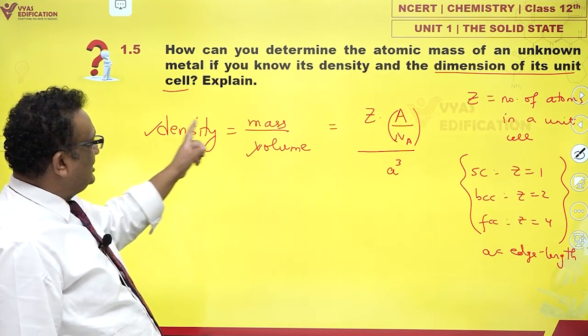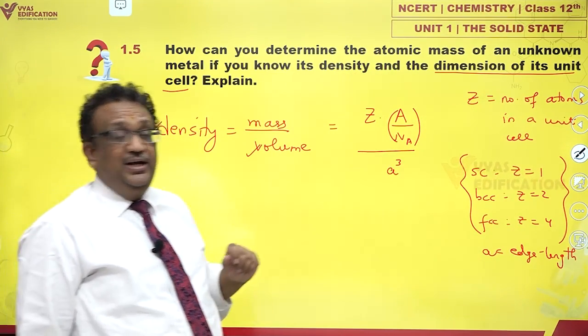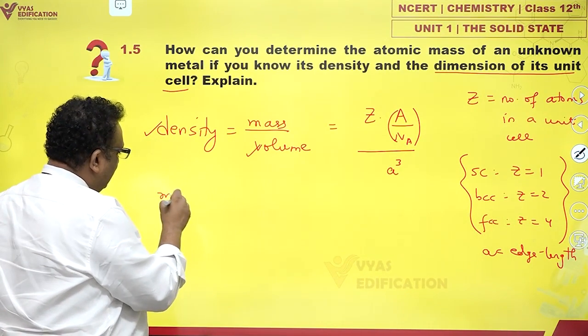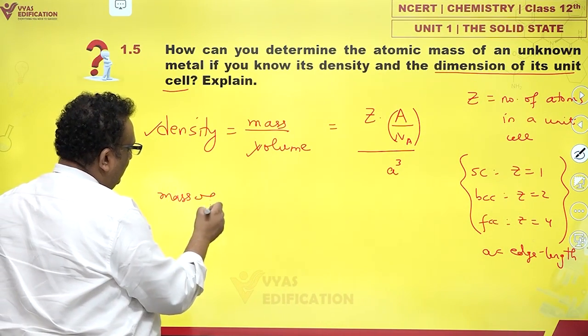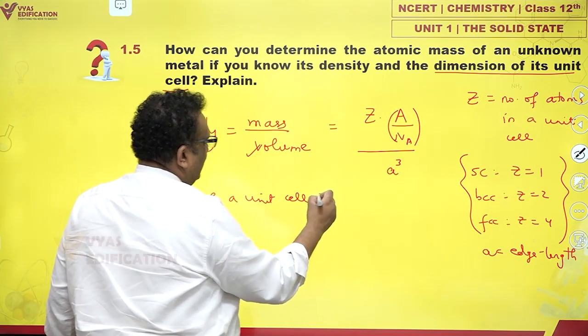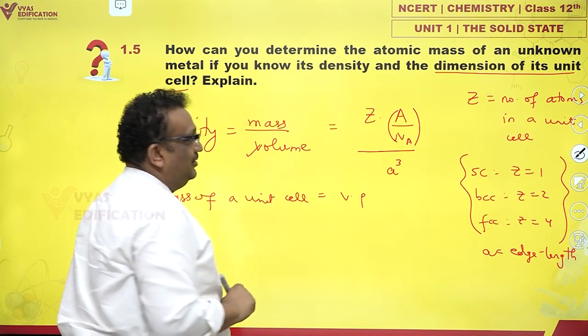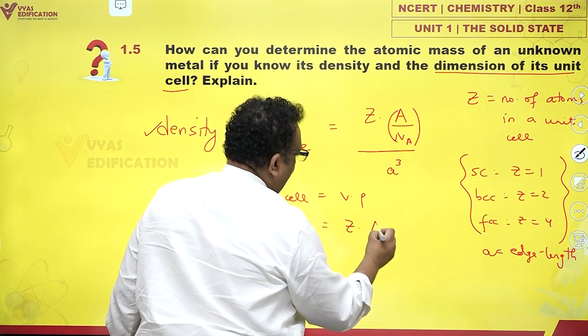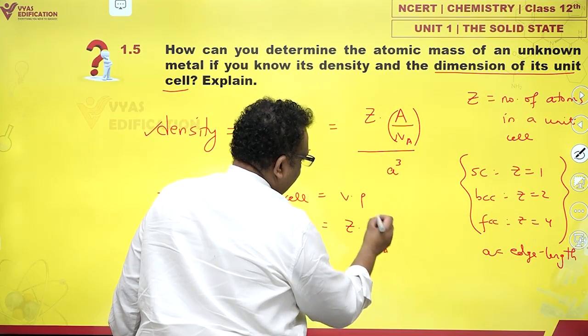So if I'm given density and volume, can I not find the mass of a unit cell? So I am getting the mass of a unit cell as its volume into density. And this is also equal to Z into A upon Na.